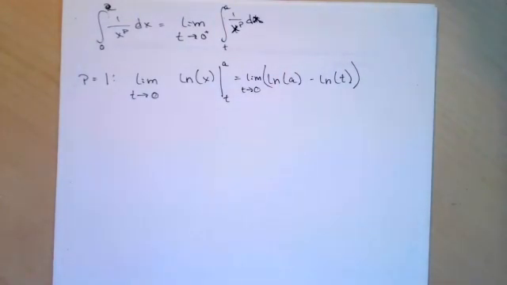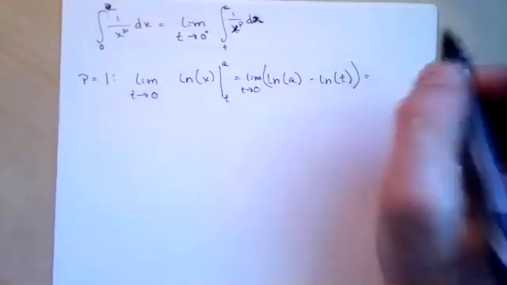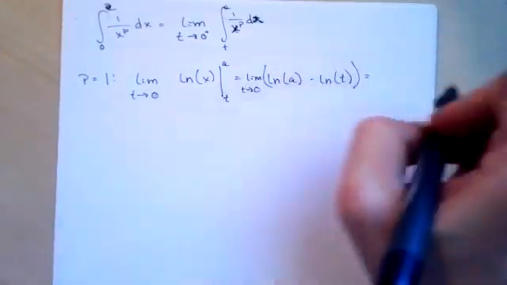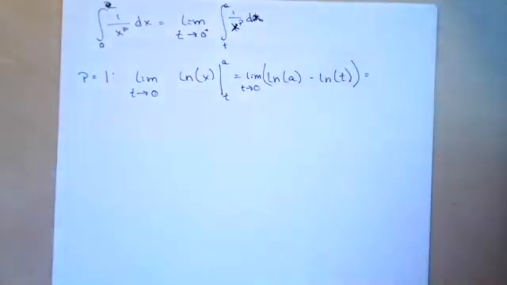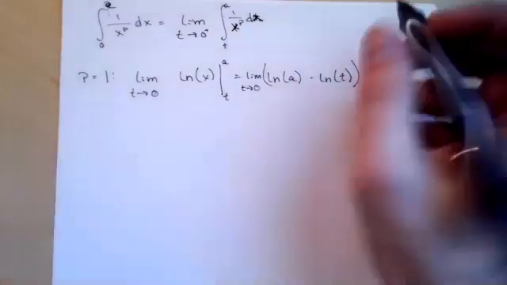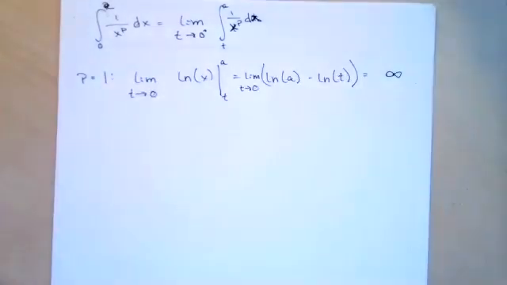What is natural log of 0? Negative infinity. Yeah, be careful. That's another big point to emphasize in Calc 1. Natural log of 0 is negative infinity. Natural log of 1 is 0. Natural log of e is 1. So this will be divergent.